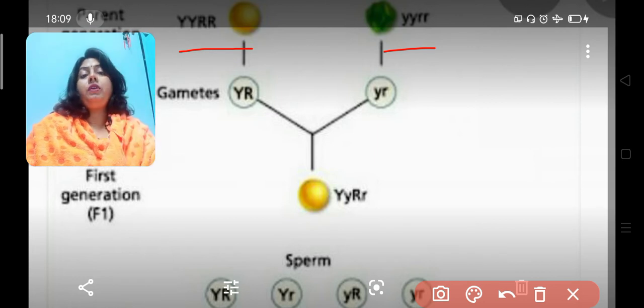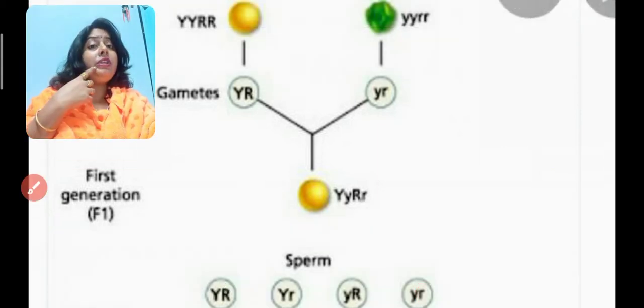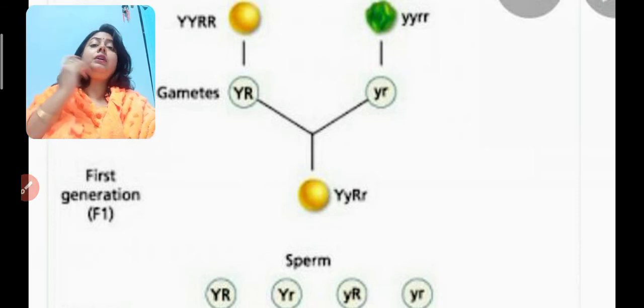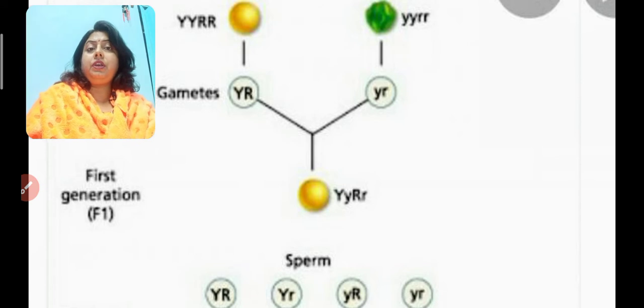See here? And because the roundness of the seed was dominant over the wrinkledness of the seed, roundness was expressed with capital R and wrinkledness with small r, small r.